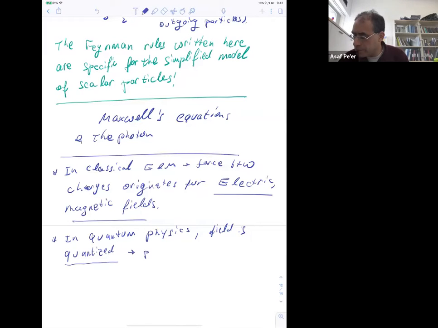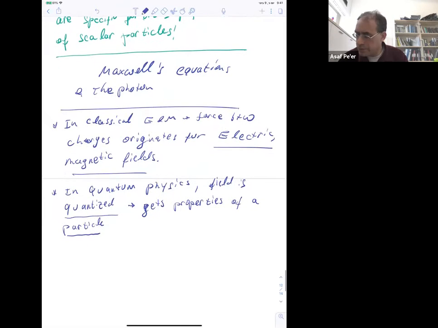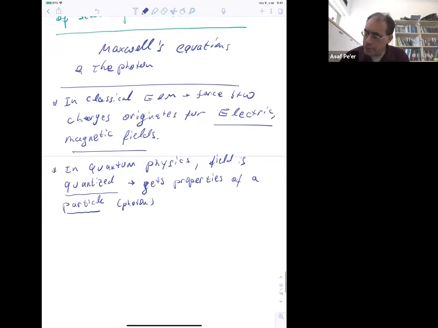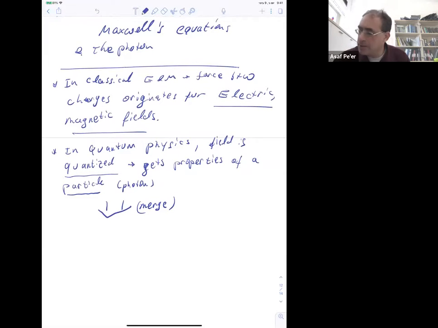That's the properties of particles, which is the photon. So we're going to say that it contains all the characteristics of a photon, this particle. And when we merge these two points together, we deduce that the photon participates in electromagnetic interactions between charged particles.